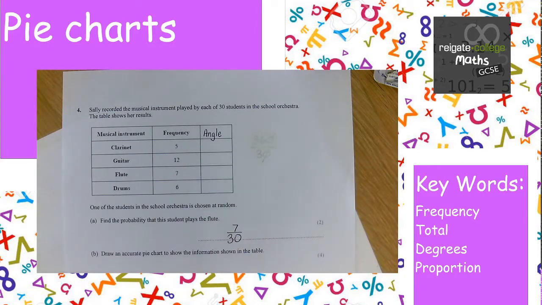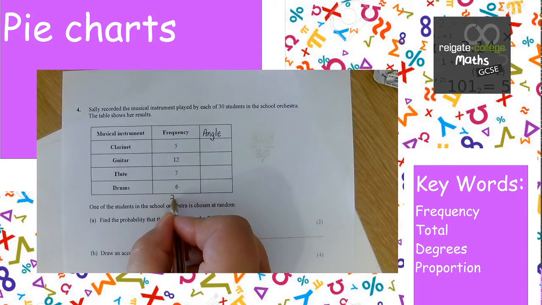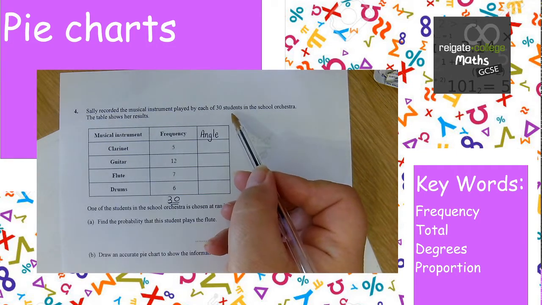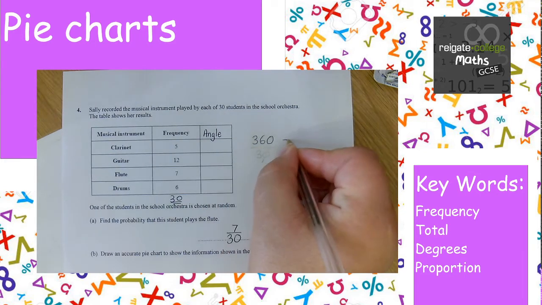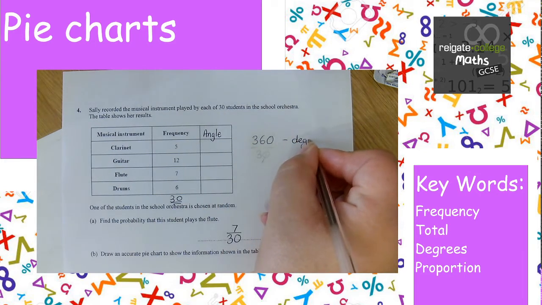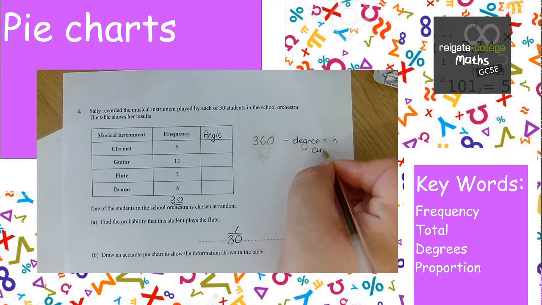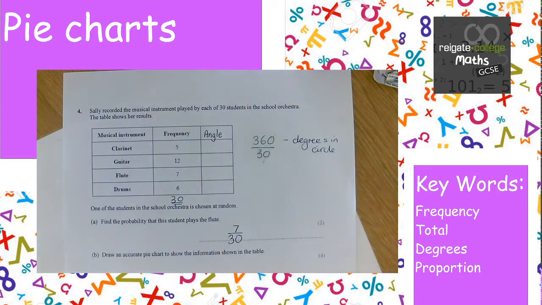I'm now going to show you how to complete the information in the table in order to draw an accurate pie chart. We need the total frequency, which is 30. We're told 30 students are in the survey. We need to divide 360, which are the degrees in the circle, by 30, the frequency.